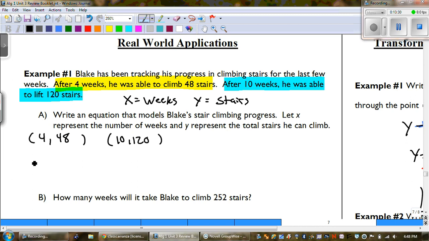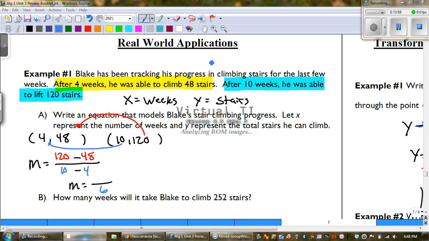So the first thing we have to do is figure out what the slope is of this equation. So we got 120 and 48. And then we got 10 and 4. 10 minus 4, well, that's 6 on the bottom. 120 minus 48. What do you guys get?